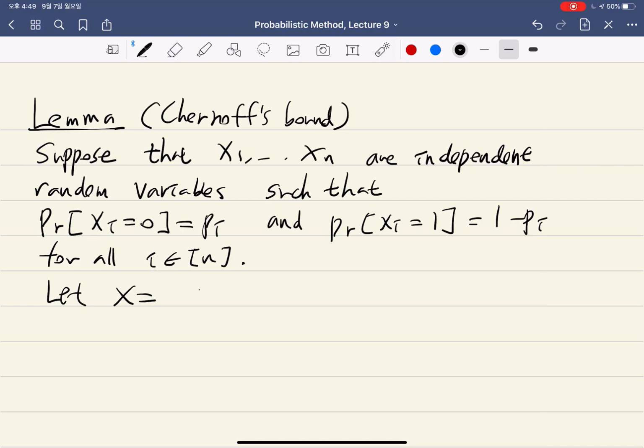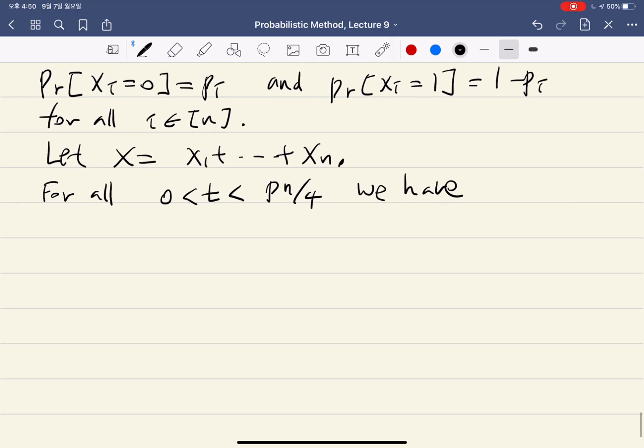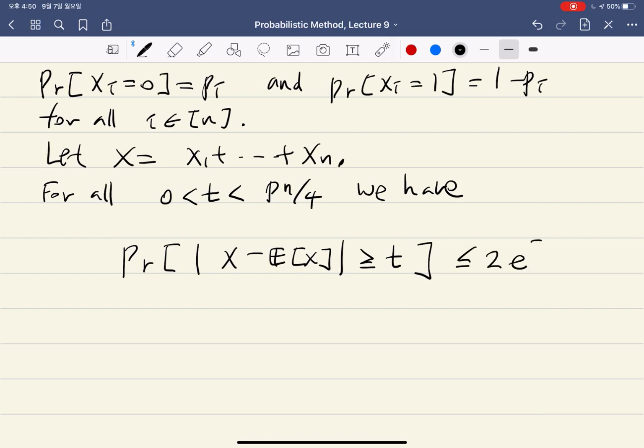And let x be the summation of them. Then for all t between 0 and pn over 4, the probability that x deviates from its expectation by t is bounded exponentially by this.